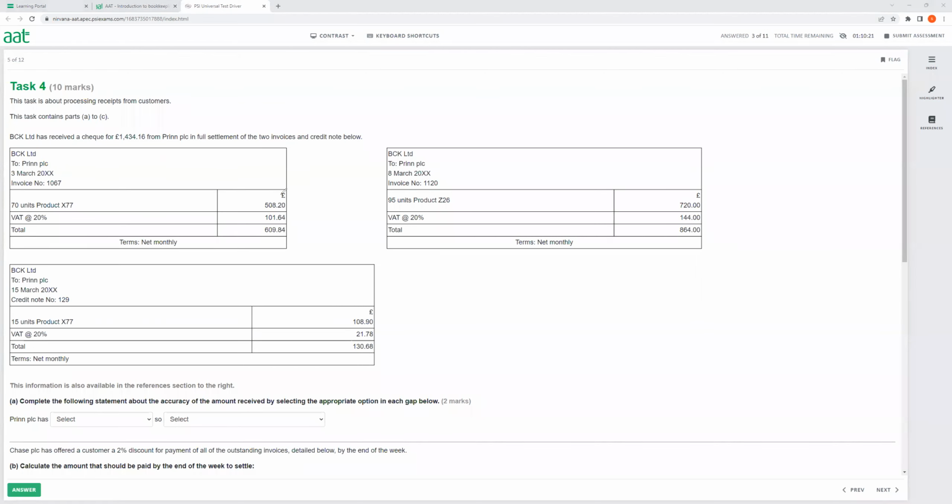You can see here, that's our first invoice total, and that's another invoice, invoice number 2, and that's the credit note 129. So very simple. You need to add these 2 and minus this 1. And we have to see how much they need to pay.